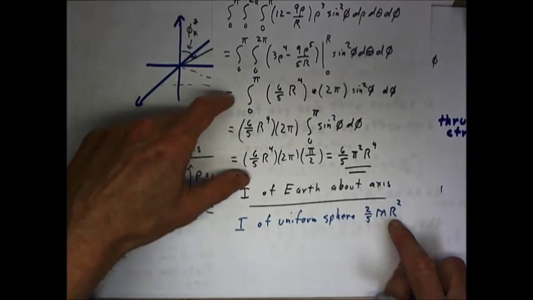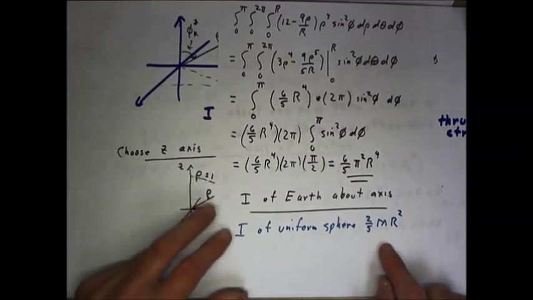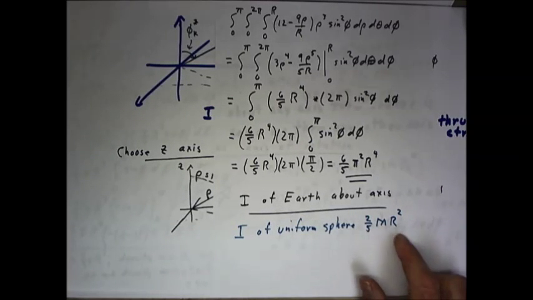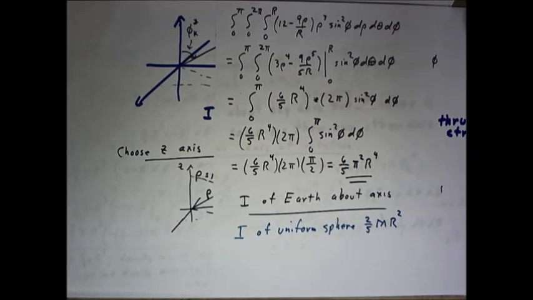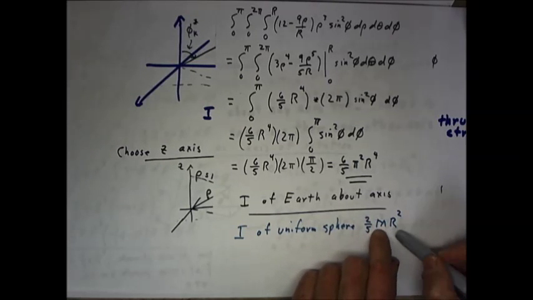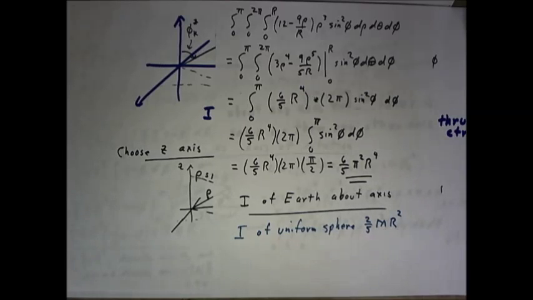That's easily derived by a very similar integral with a constant mass density. Mass density of the Earth is not quite constant, but what we get should be at least comparable with 2/5 mr squared.